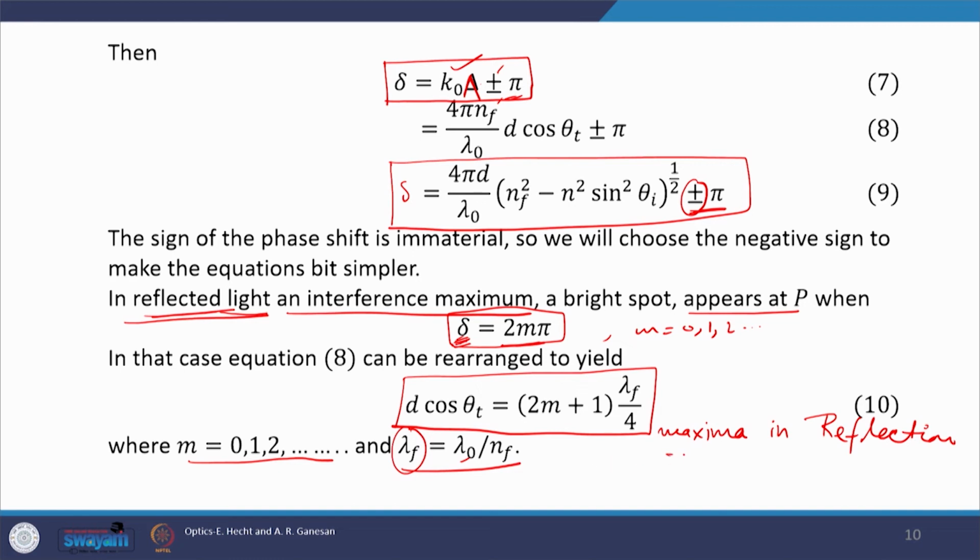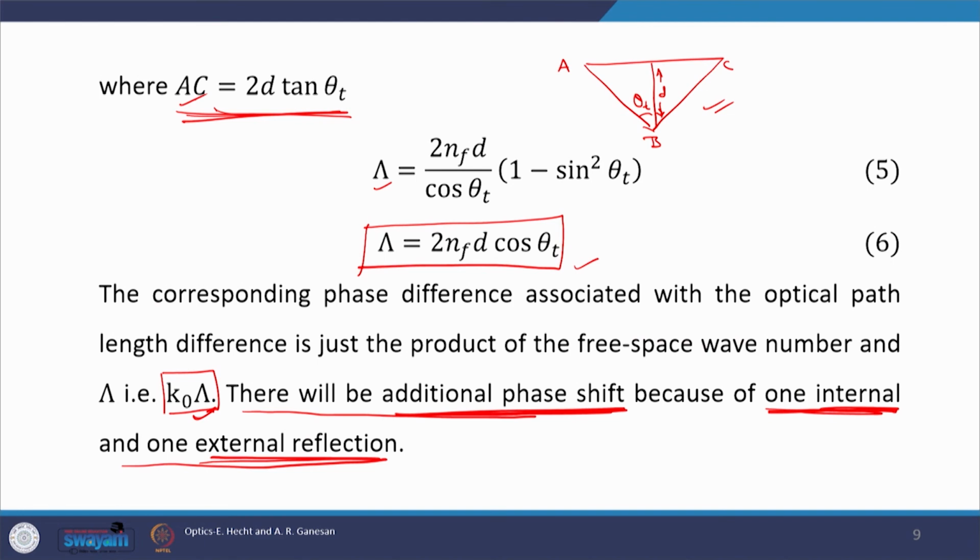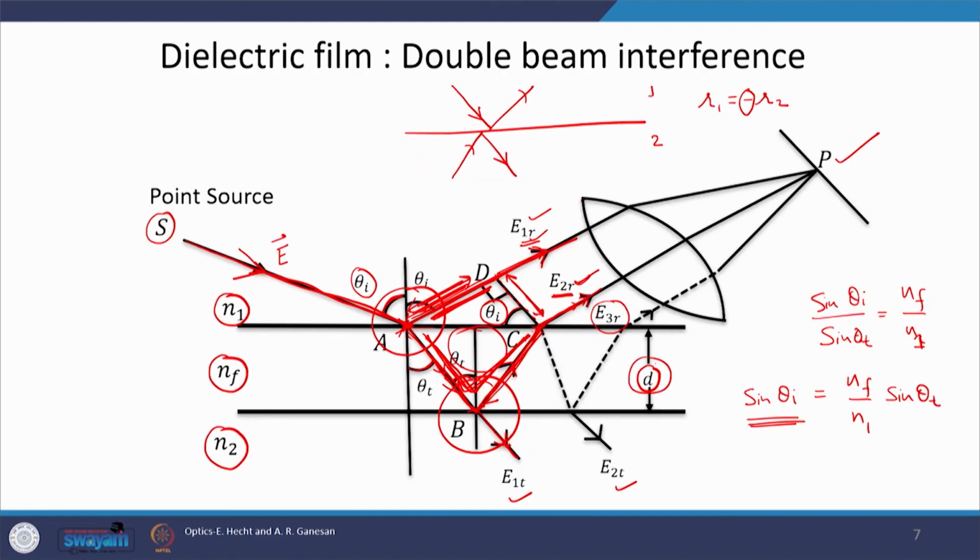Now, once the maxima in reflection is known, we can calculate the condition of maxima and minima in transmission too. What would be the difference? Let us go back to the first figure. In this figure, you see the first reflection is the external one. Now, this ray is getting transmitted, giving a field of magnitude E1t. This is the first transmission, and the second transmission is E2t.